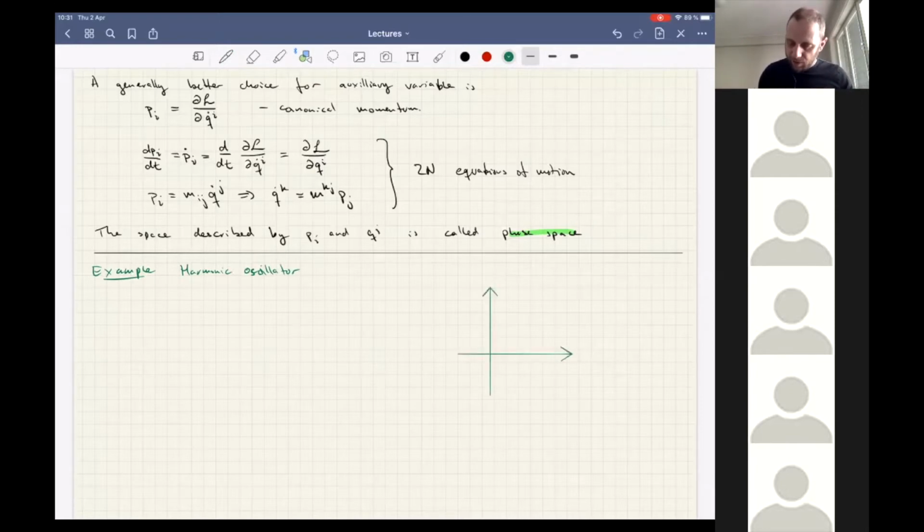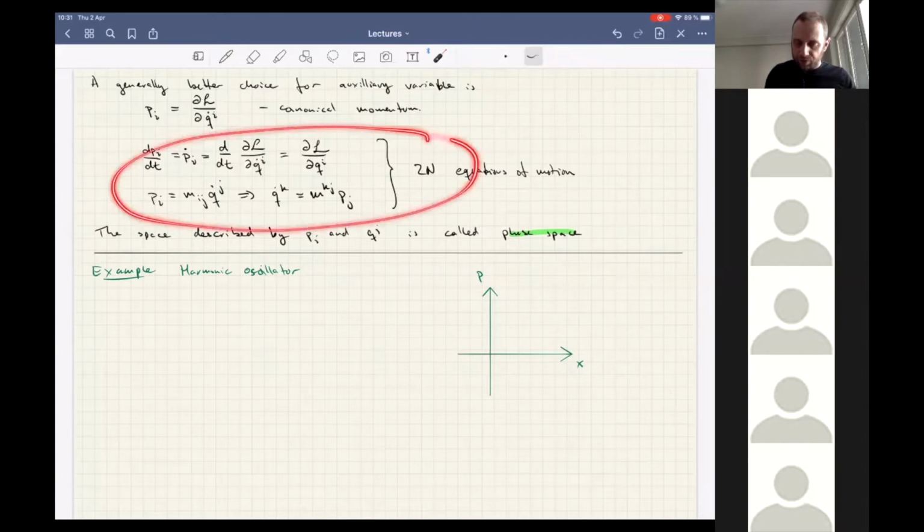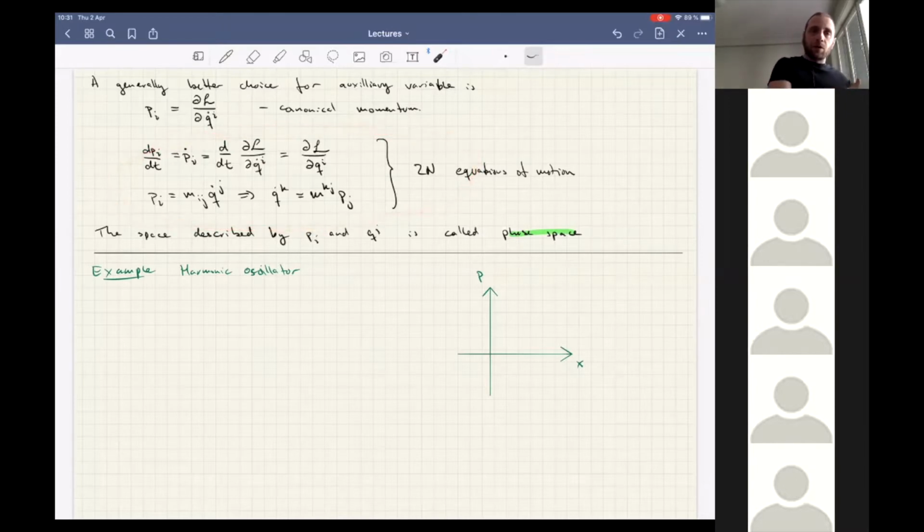So I can write here on the horizontal axis x, and on the vertical axis p, the canonical momentum corresponding to it. Now, for every point here in this phase space, I know from these equations of motion how I'm going to move from that.